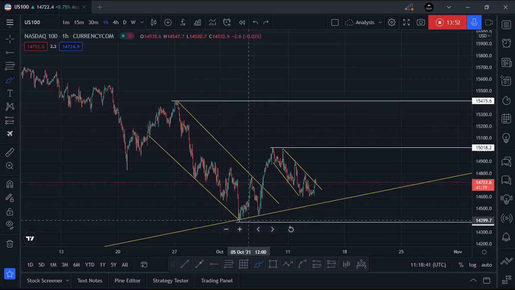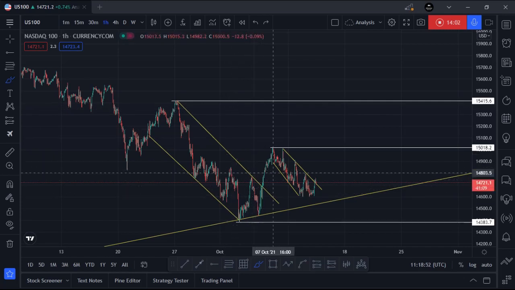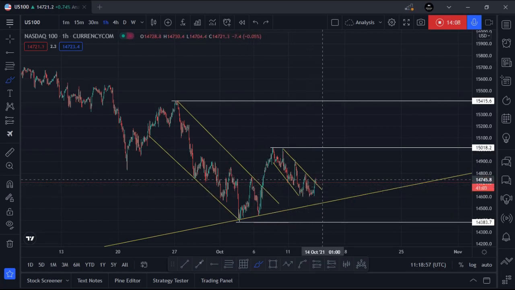That means as it's reversing from here, we expect it to move 90% back up to where it started from. So it is evident that Nasdaq has actually broken out here impulsively, gave us a very nice correction. So the next impulse, we may expect it to actually reach up to here.